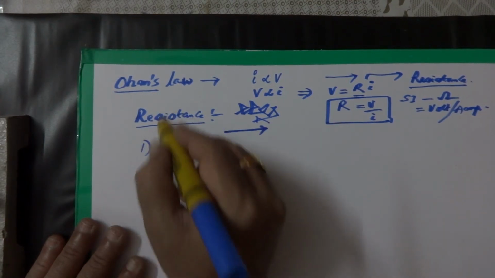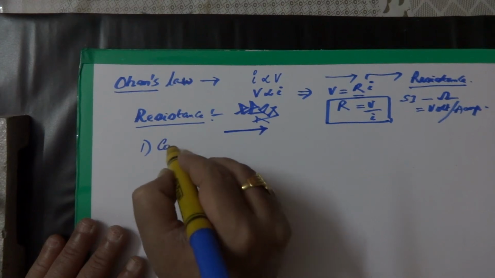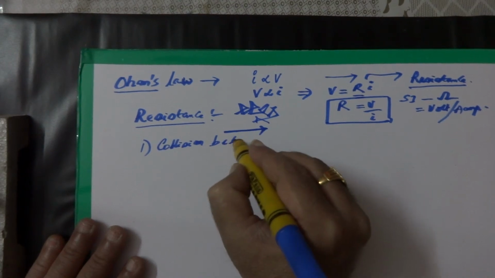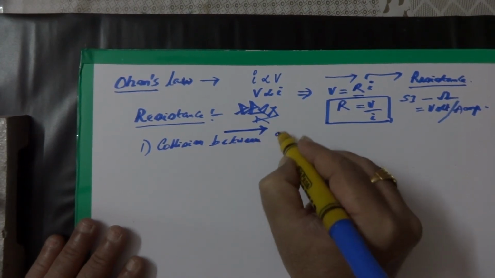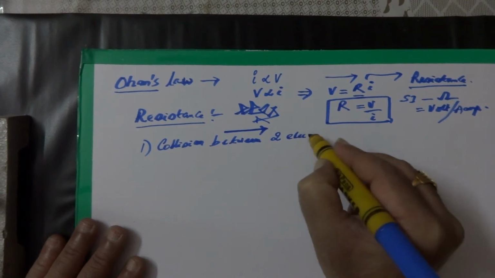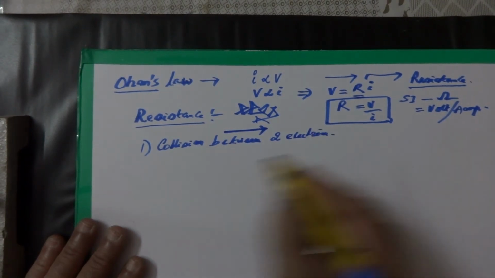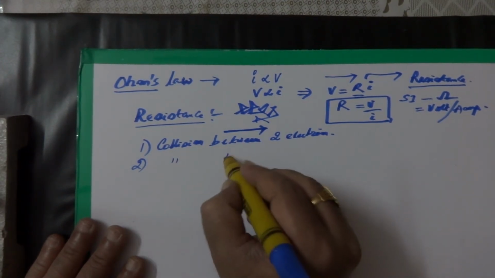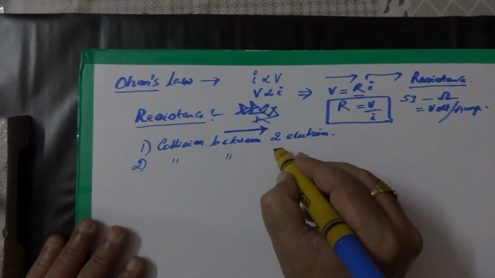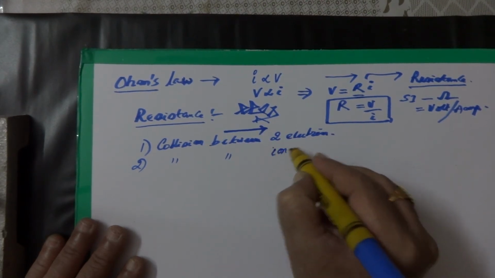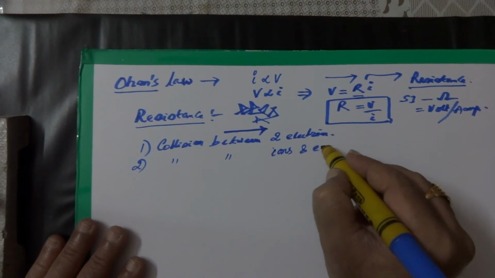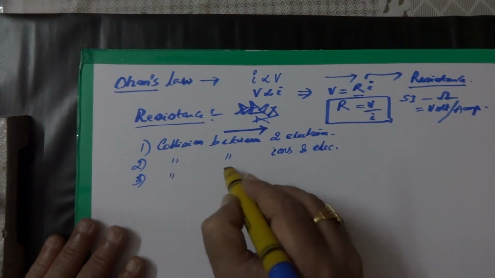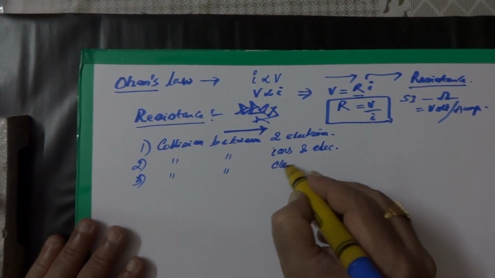So the first reason for this resistance is collision between two electrons, that is electron and electron. The second cause, the collision between ions and electrons. Third, the collision between the electrons and bonds.